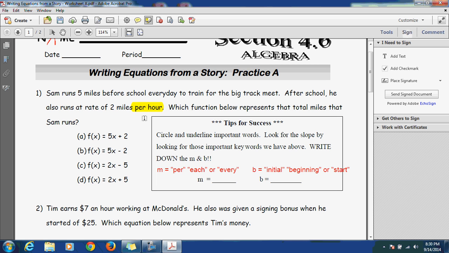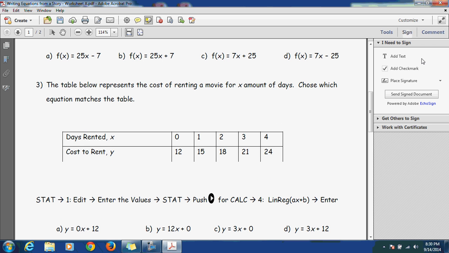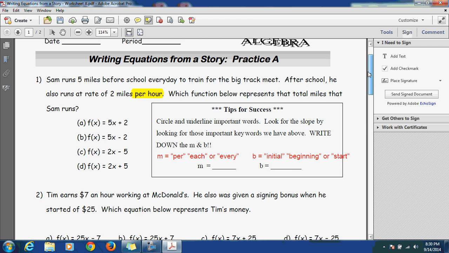Per hour will help me decide M. So that 2 would tell me that M, oops, sorry, I'm still getting used to this, that M would be 2.